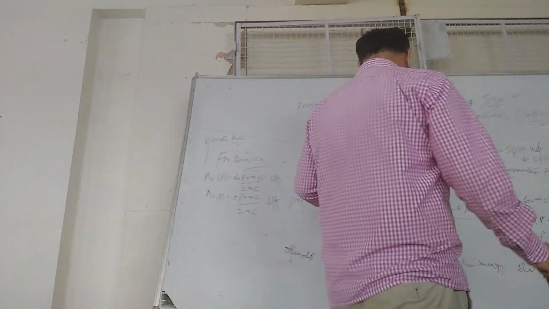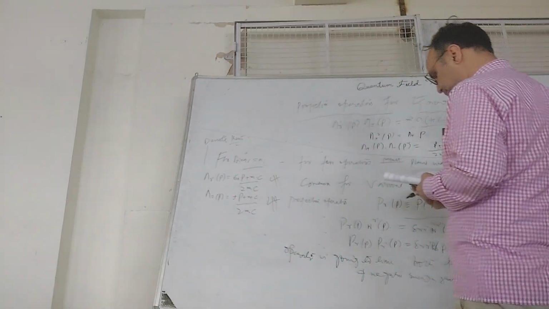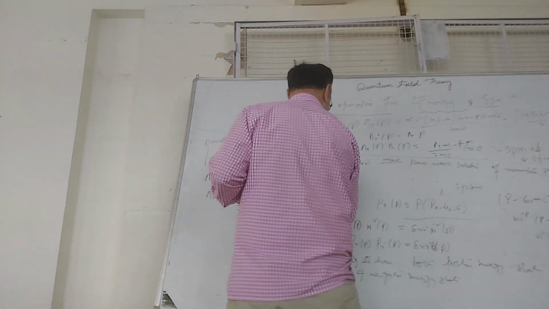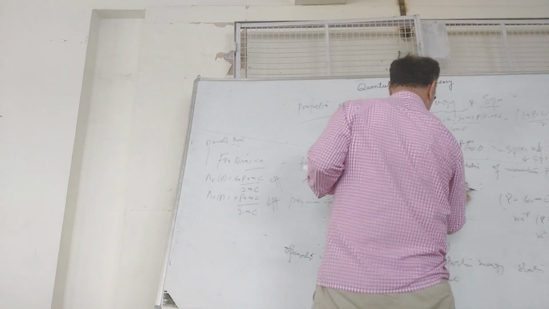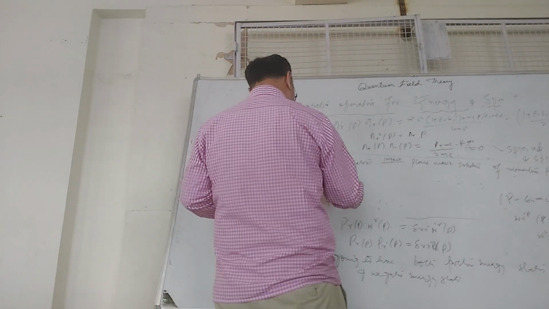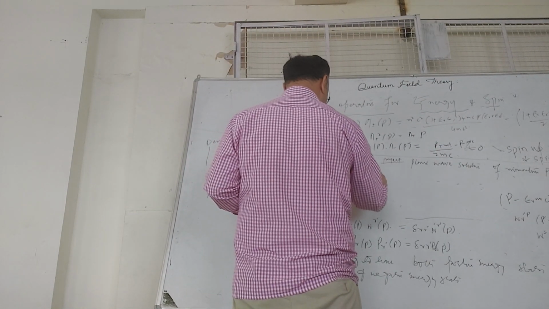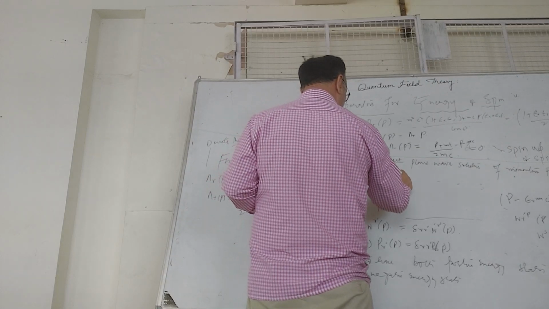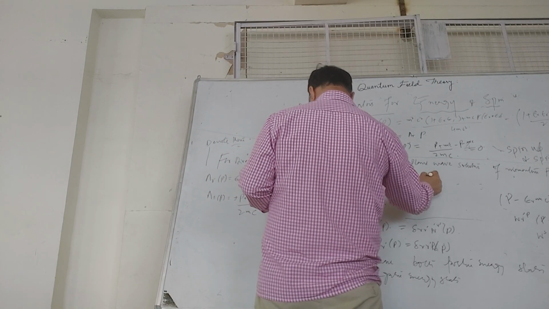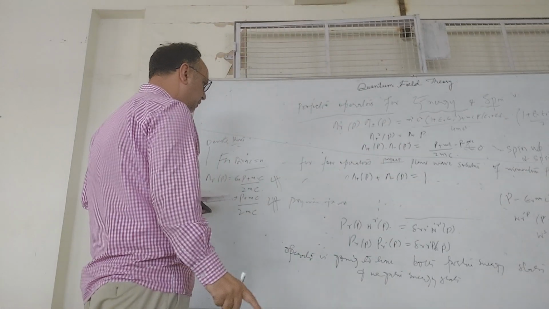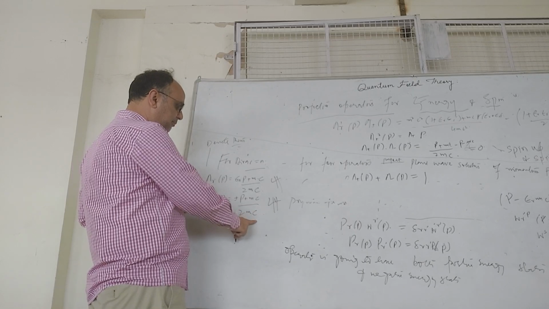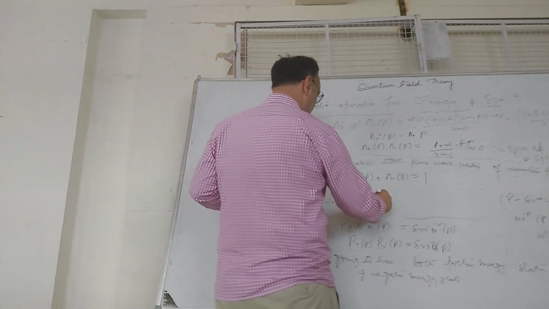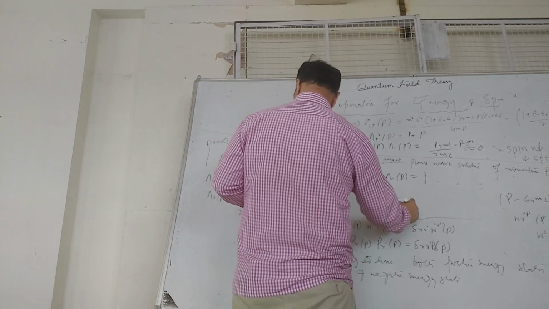The other is lambda plus p plus lambda minus p is equal to 1. The denominator will be twice mc.